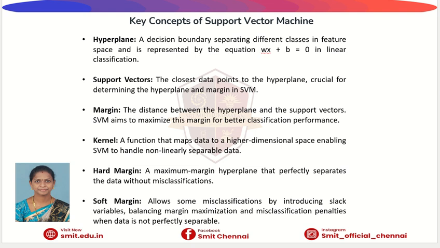Margin, the distance between the support vectors of different classes. Kernel, the secret sauce for complex data. Hard versus soft margin. Hard margin is like a strict teacher, no mistakes, while a soft margin is flexible to handle noisy data.